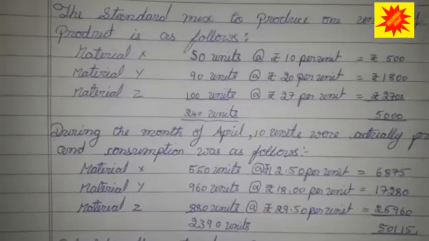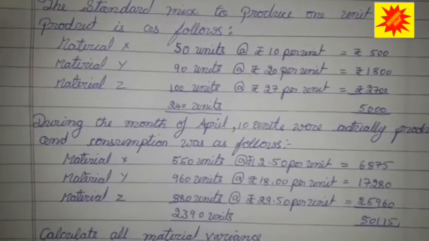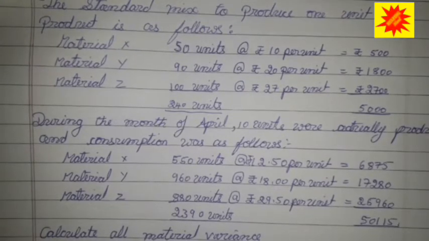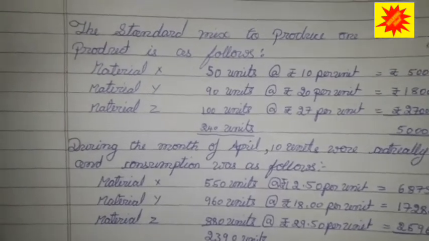Now we move on to the next question. The next thing we have to see is material price variance. So let us see the formula for that. What's the formula for material price variance?